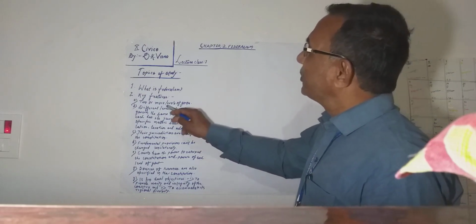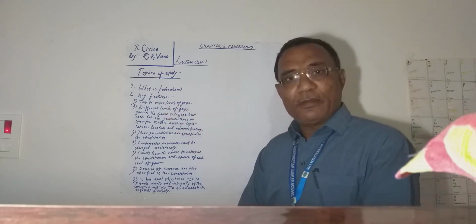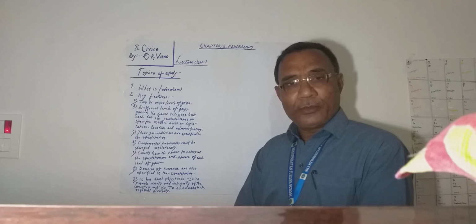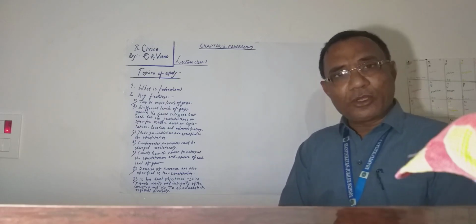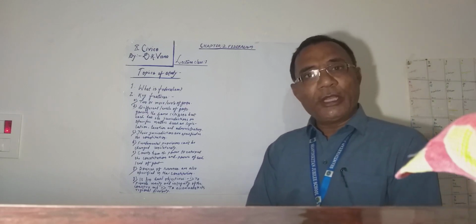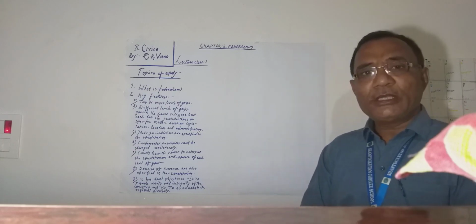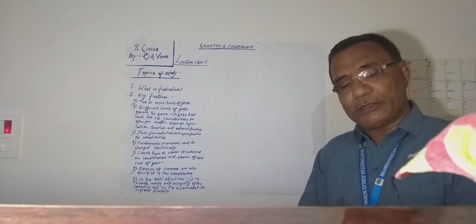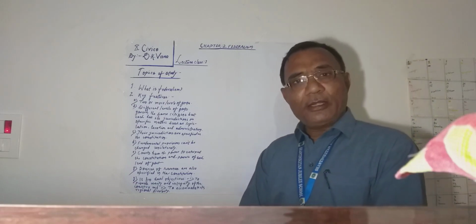Number one, there are two or more levels of the government in a federal system like India. Students, whenever we talk about two or more levels of the government in Indian federal system, we talk about the existence of central government, state governments, and local self-governments. Central government is also an elected government.